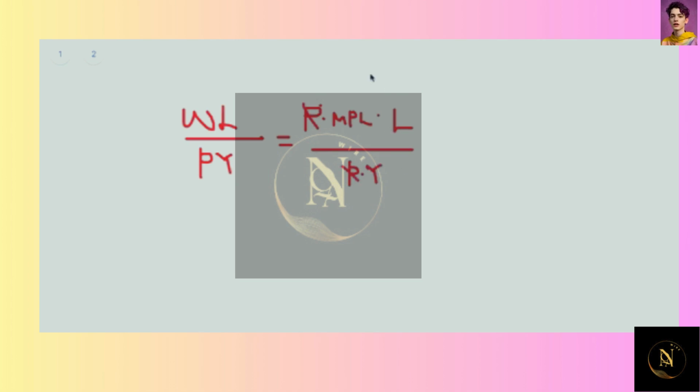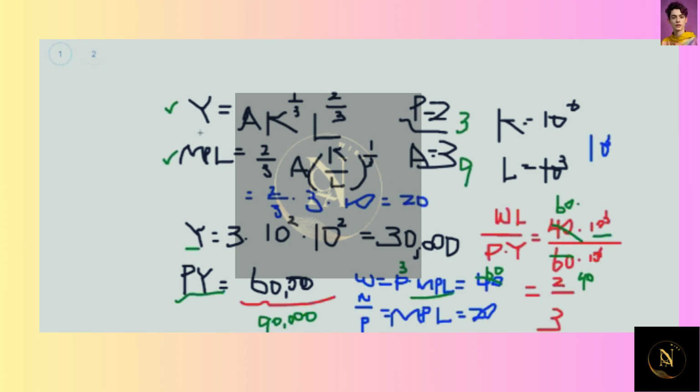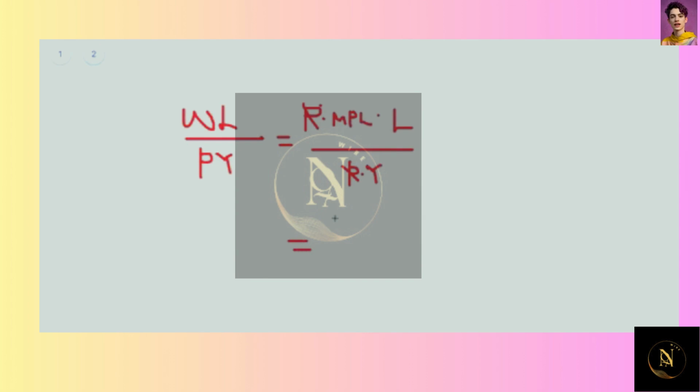So what we really care about is this ratio. And from the previous slide, we know that MPL equals this, so I will just plug it in, which is 2/3 times A times (K divided by L) to the power of 1/3, times L, and then divided by A times K to the power of 1/3 and then L to the power of 2/3.